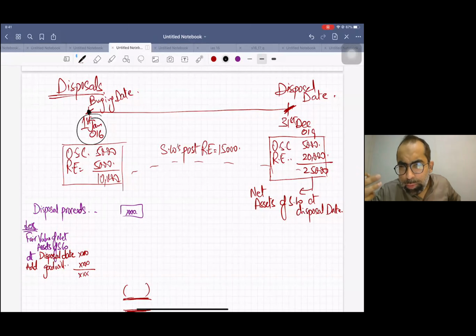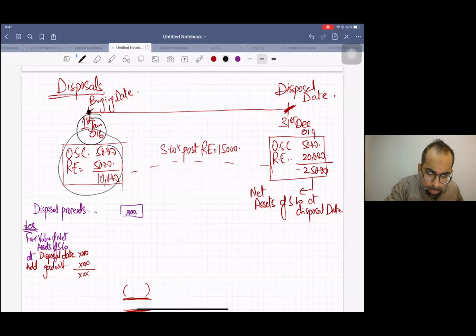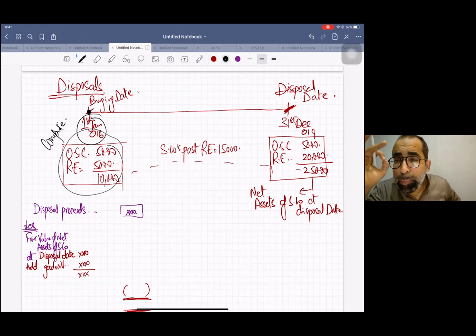So these are routine things which you already know, that on acquisition date you will compute goodwill and all. That's routine thing. Now, for example, case number one.